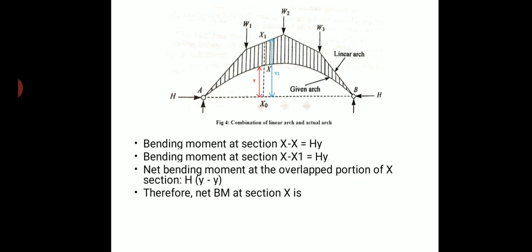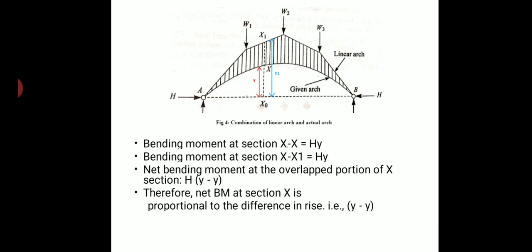Therefore, I could suggest that the net bending moment at section x, at this point x, is proportional to the difference in the rise level.